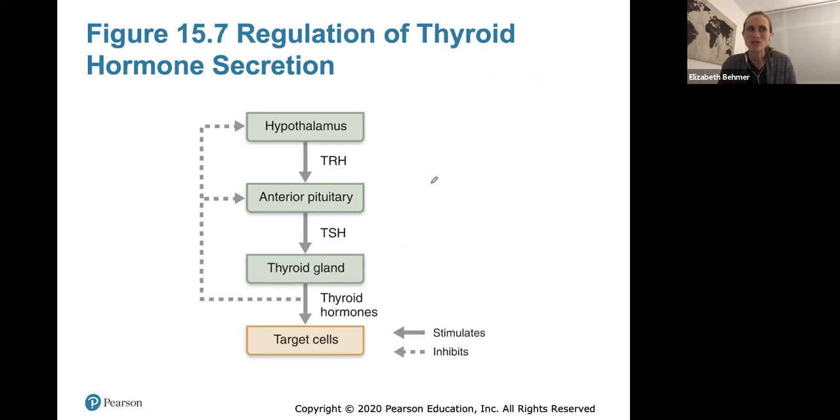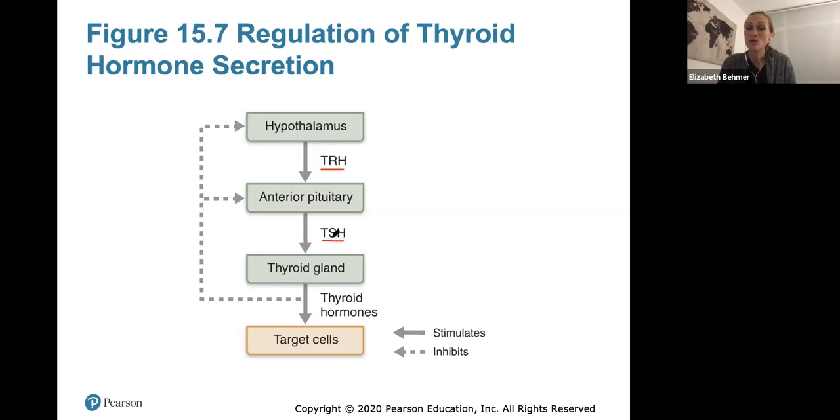Even as you're working your way through the hormones, this type of flow chart is helpful to do as well. So your hypothalamus releases a hormone called thyrotropin releasing hormone. Thyrotropin releasing hormone acts on the anterior pituitary to release thyroid stimulating hormone.